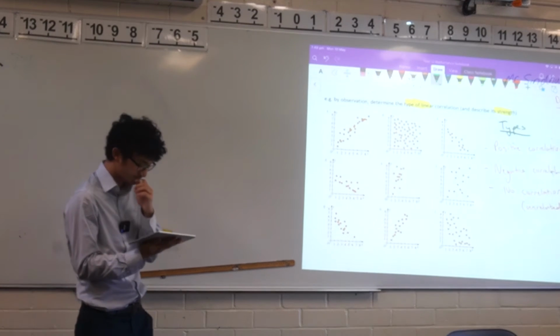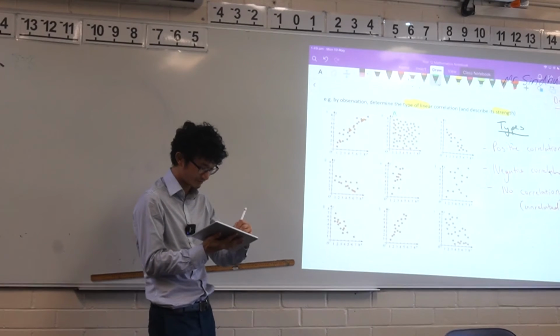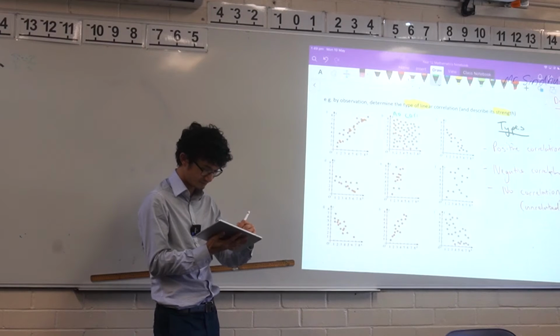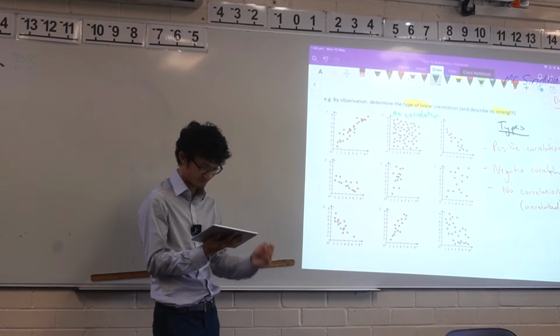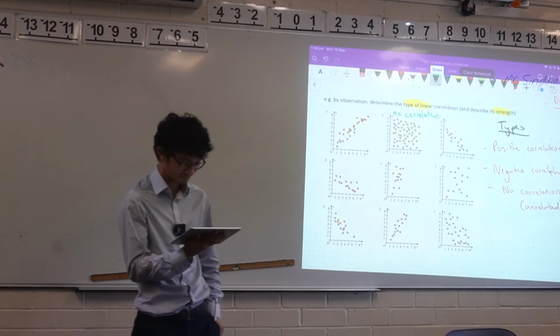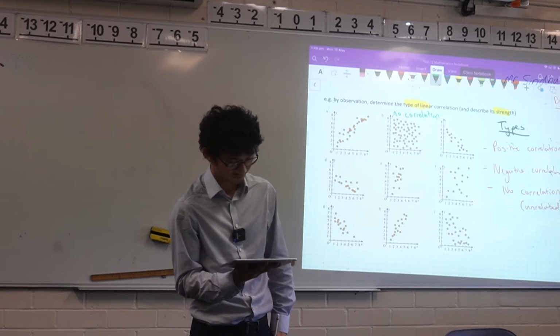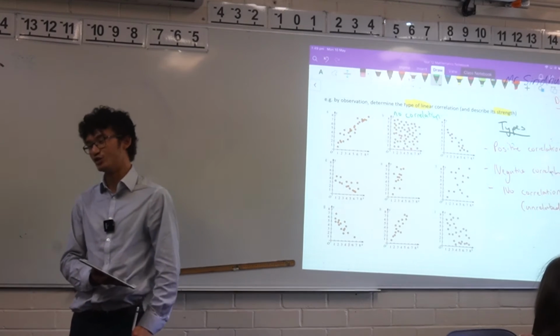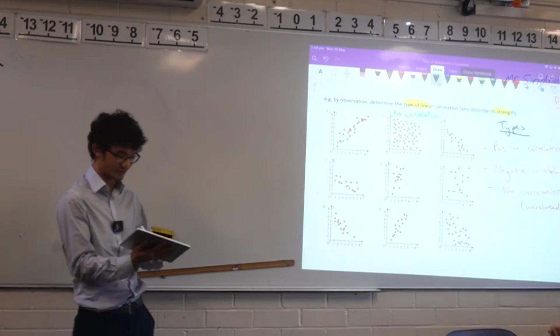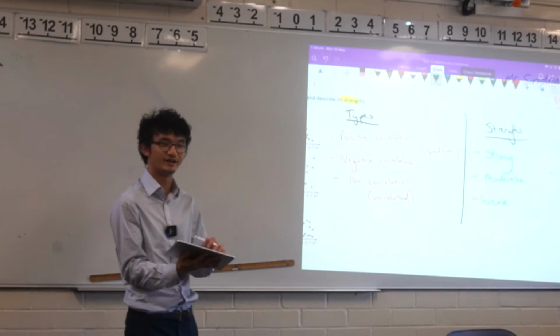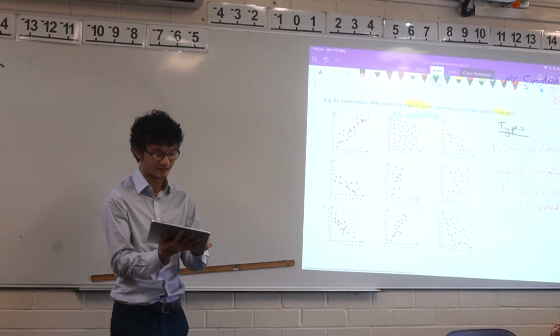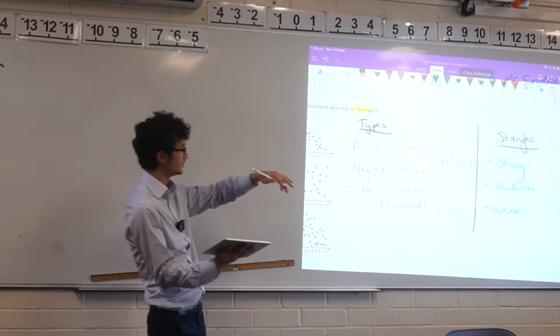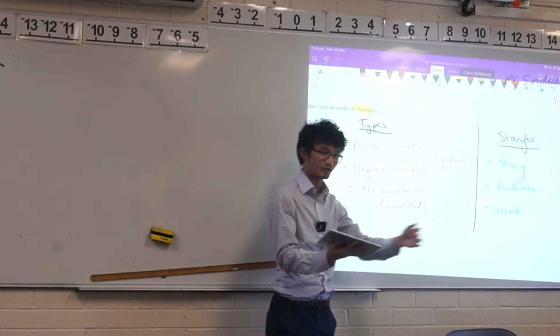I'm happy with that. I guess you could say it's good, but it's not really got a strength. If you have no correlation, you're not really going to describe it with a strength, right? Because the idea is that you either have a strong positive, a moderate positive, or a weak positive, yeah?